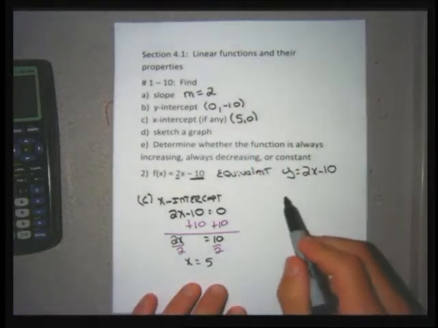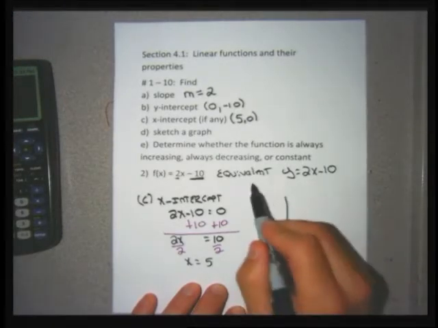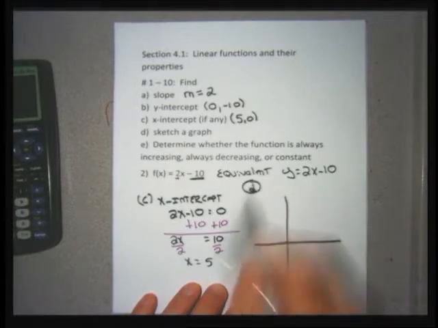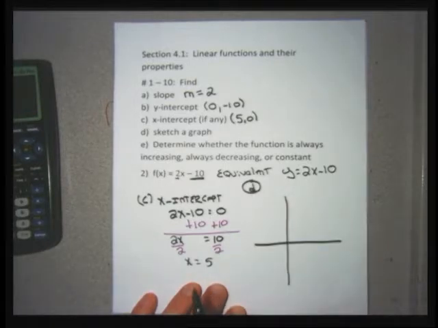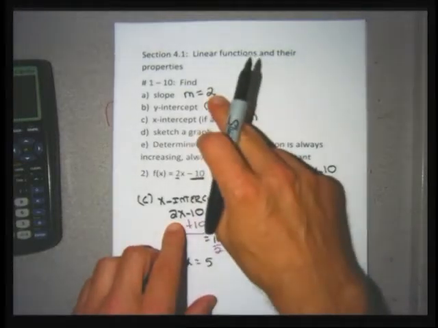Now I'm ready to do part D, which is sketch a graph. There are lots of ways to sketch a graph properly. One way is just to plot the intercepts and connect them with a line. The other way would be to plot the y-intercept and then use the slope, which is 2 over 1, and go up 2, right 1.